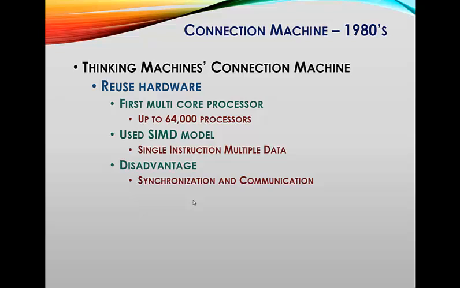Now, if you look at this SIMD, single instruction multiple data model, with the massively parallelized cores, 64,000 processors at the same time, you will see that you can achieve a lot of efficiency in calculating and processing the instructions and data.